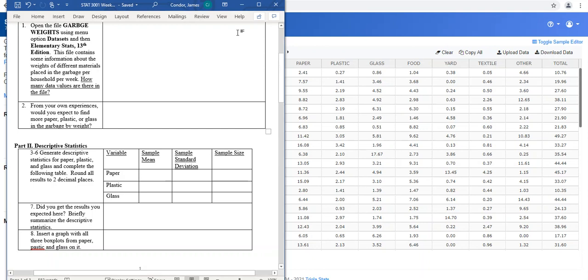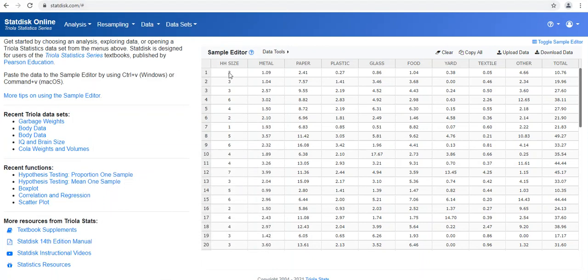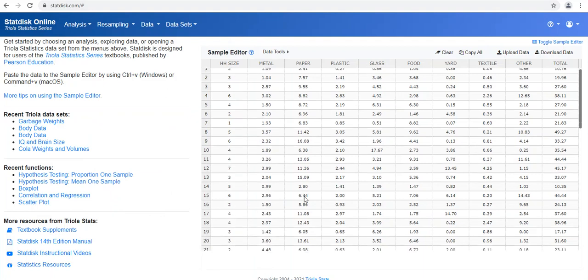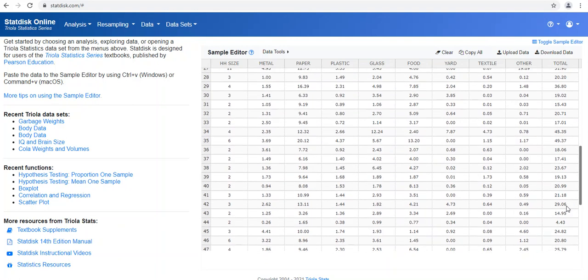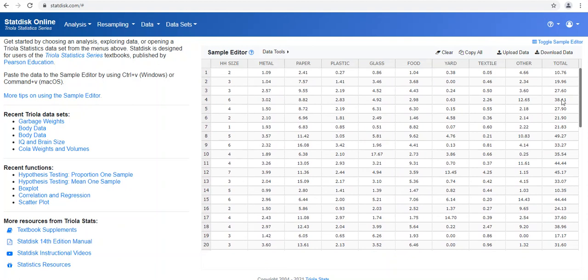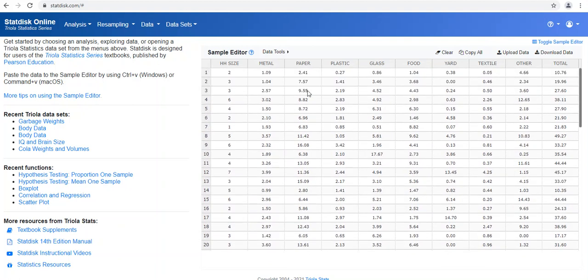You've got this column is 1, 2, 3, 4, and there's a bunch of columns there. Each column looks like it has 62 data values down this way, and you've got a bunch of those. So you have to figure out how many there are.